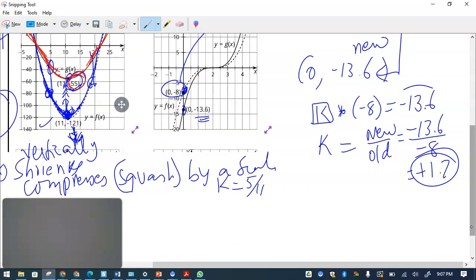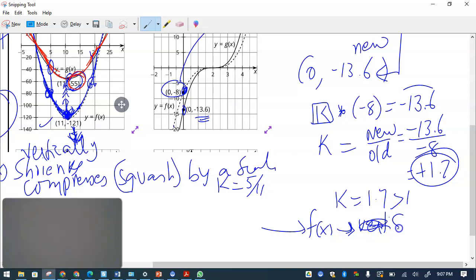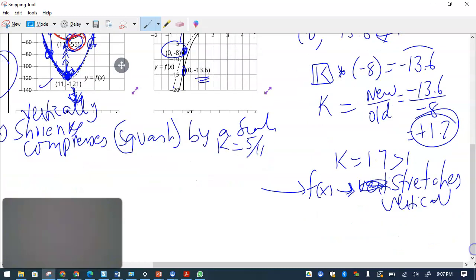So the scale factor is 1.7, which is greater than 1. What it means is the f of x graph, the dotted graph, stretches vertically. So let me write it nicely.